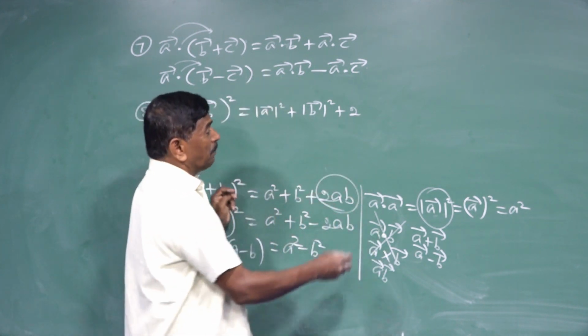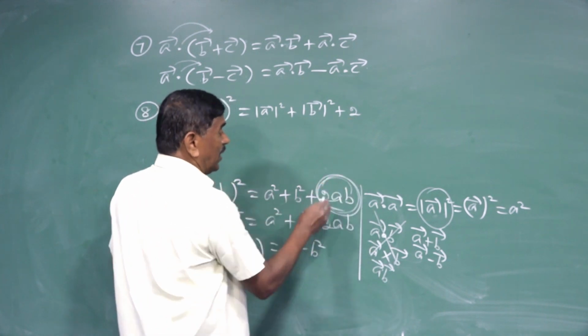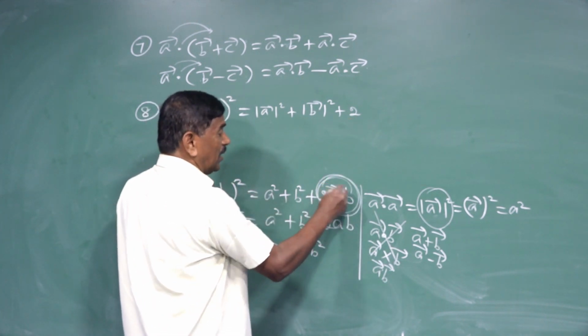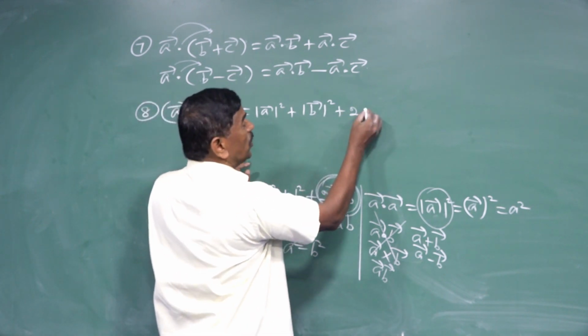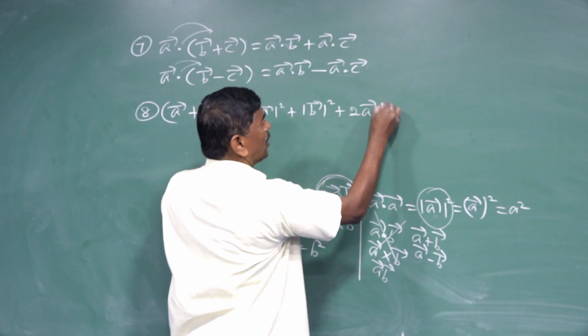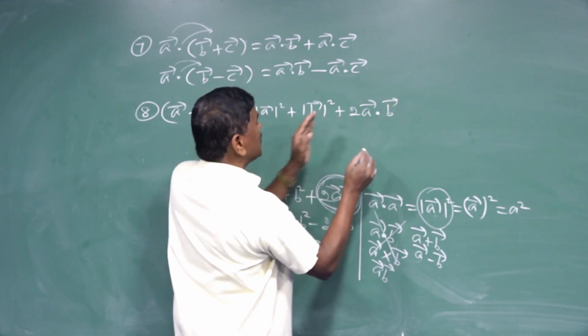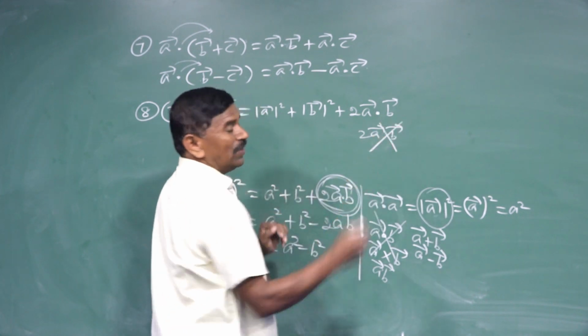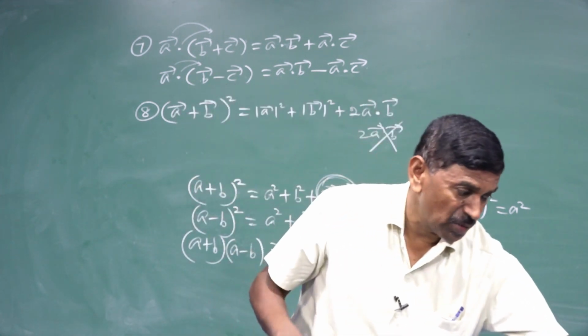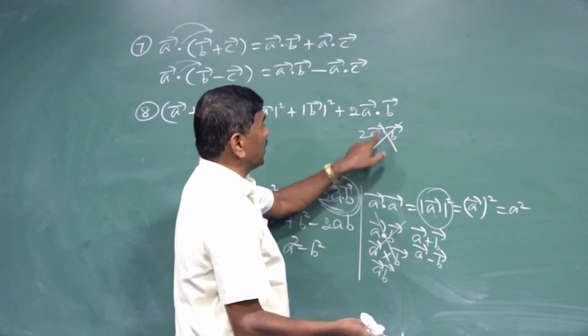Now the topic is the dot product. So that is why here instead of 2AB we want to write 2 into A vector dot B vector. That is important. So plus 2 into A vector dot B vector. Don't write simply 2A vector B vector, it is meaningless. This step is very important.